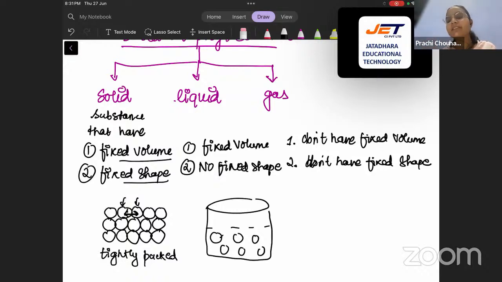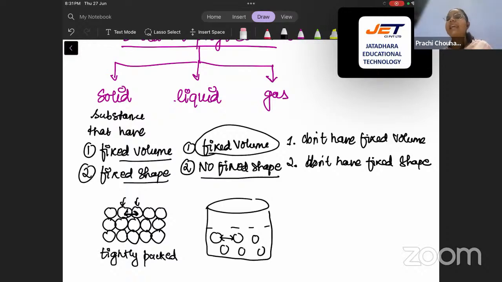Also, there will be a certain force of attraction in this liquid also. And because of that, they will have a fixed volume, because still they have a certain force of attraction between them, but they will not have any fixed shape.